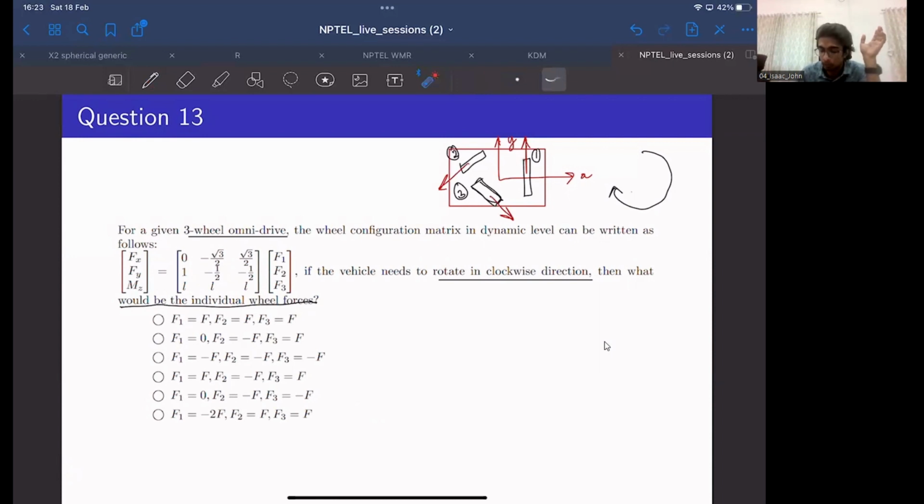Or it could move in the other direction also, going like this, going like this, going like this. So in essence, all the three forces should be equal, but we don't know the sign. Either all three forces should be equal and positive, or all three forces should be equal and negative.